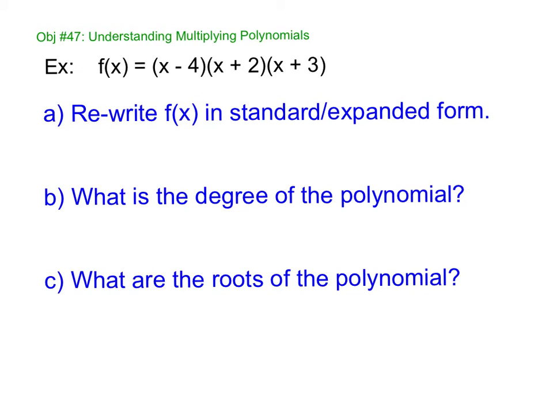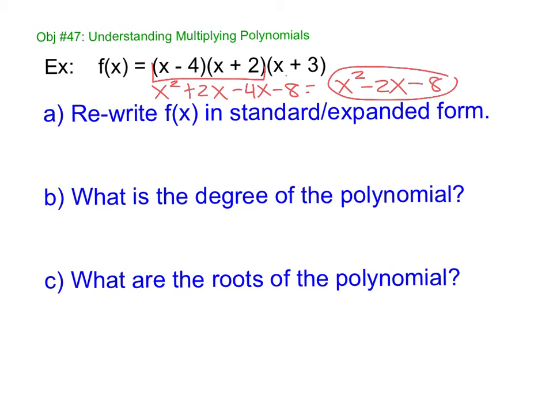All right, so I'm gonna start by multiplying that out. When I do those two, I get x squared plus 2x minus 4x minus 8, which is x squared minus 2x minus 8. So I kind of skipped a step there. Now this has to multiply my x plus 3, right? We're done with those. So I'm going to do it down at the bottom underneath c.